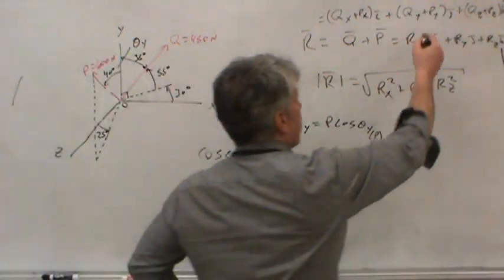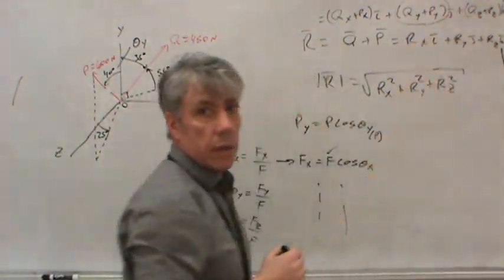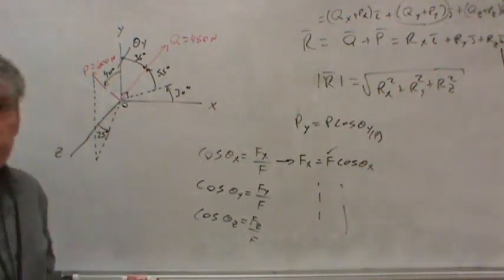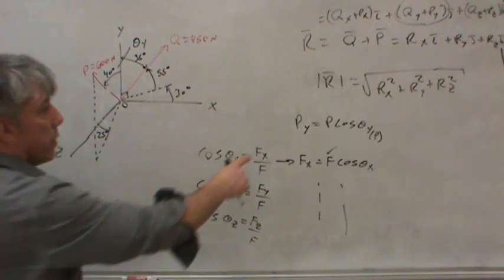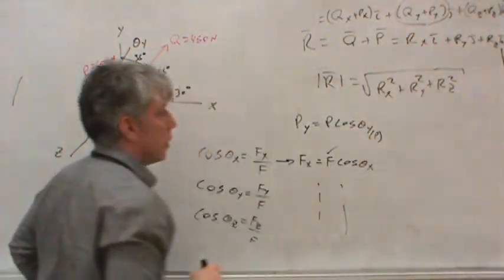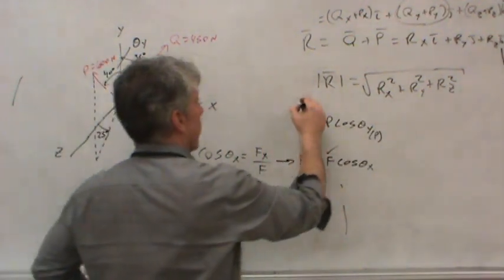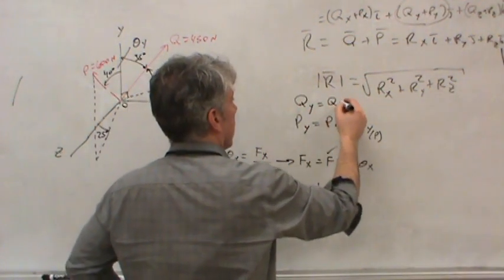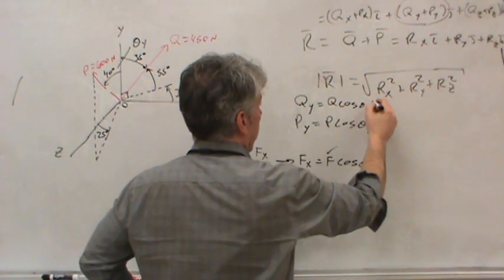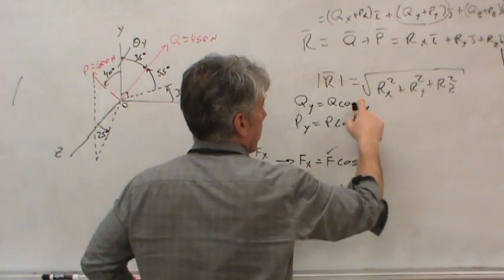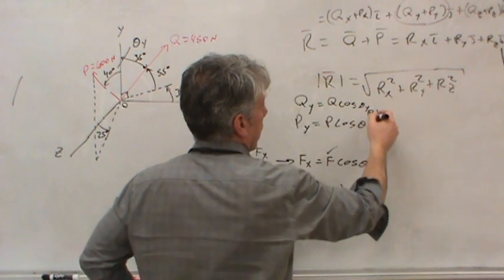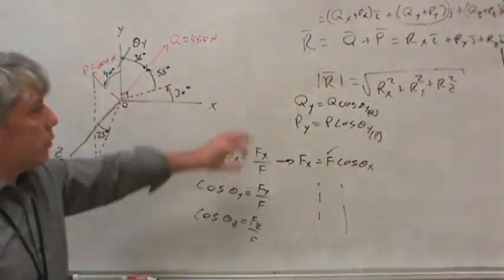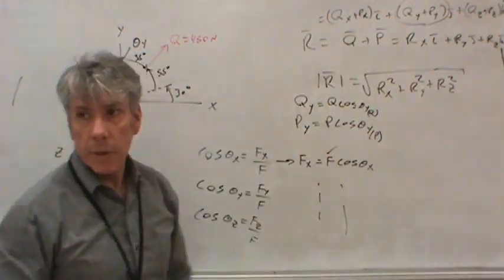That will give us this piece of it. But will that give us what we're putting in? Yeah, for RY, PY will go in right there, just like QY. And the combination of those two will go in RY. We'll add these two together right up there.